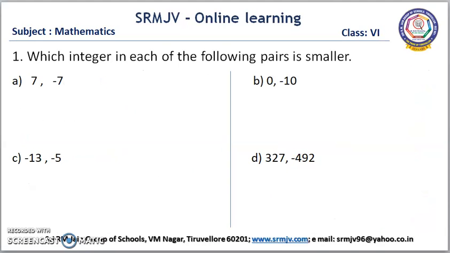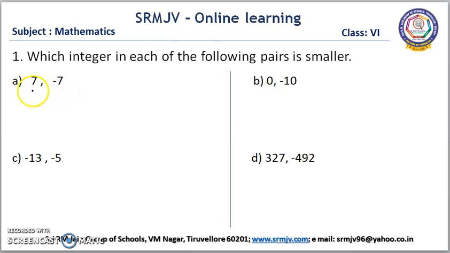First question is, which integer in each of the following pairs is smaller? From the given two integers, we have to identify the smaller one. Here 7, minus 7. 7 is a positive integer, minus 7 is a negative integer.